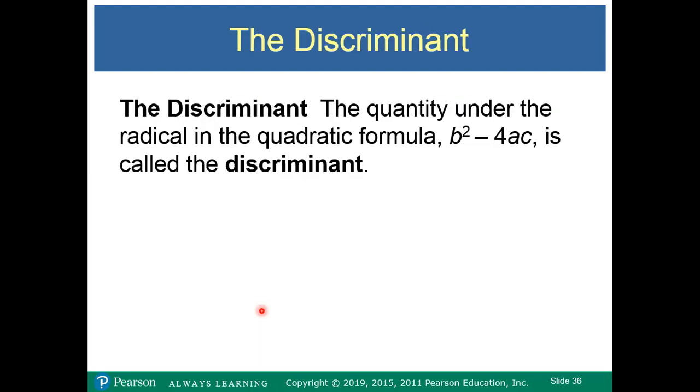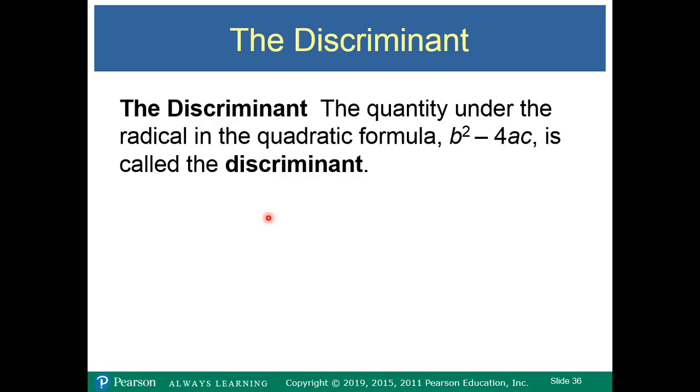Now, the discriminant. The discriminant is the expression underneath the radical of the quadratic formula. So we can look at the discriminant, which is this expression, and the value of the discriminant will tell us whether there are no real solutions, only complex solutions, one real solution, or two real solutions.